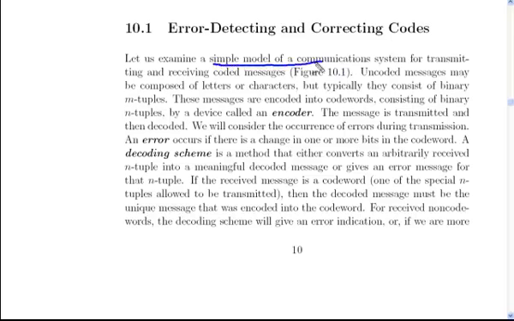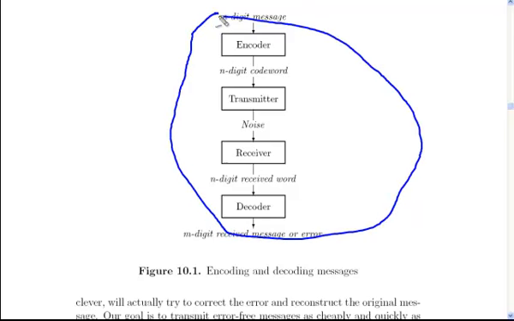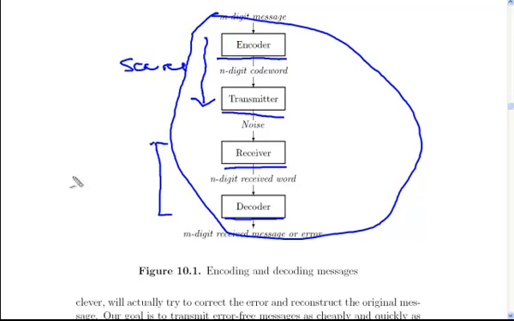So let me jump to that figure, which is on the next page. All right, so this is a typical diagram of a communications link. And one thing to notice is that here you have encoder on the inside and decoder on the outside. Here you have transmitter on the inside and you have receiver on the outside. So this part is what the source does, and then this part is what the receiver does.